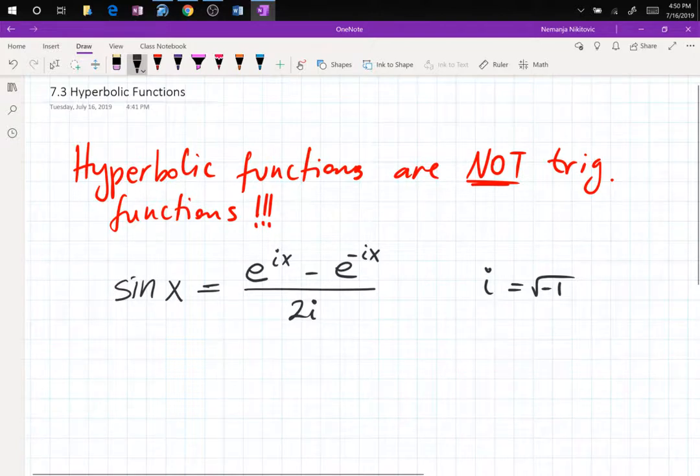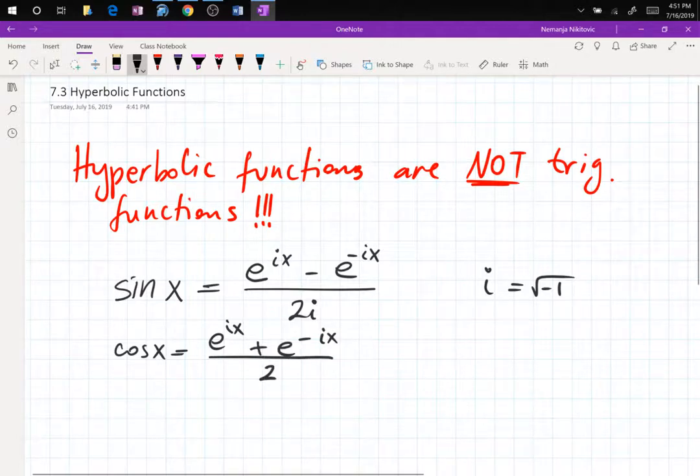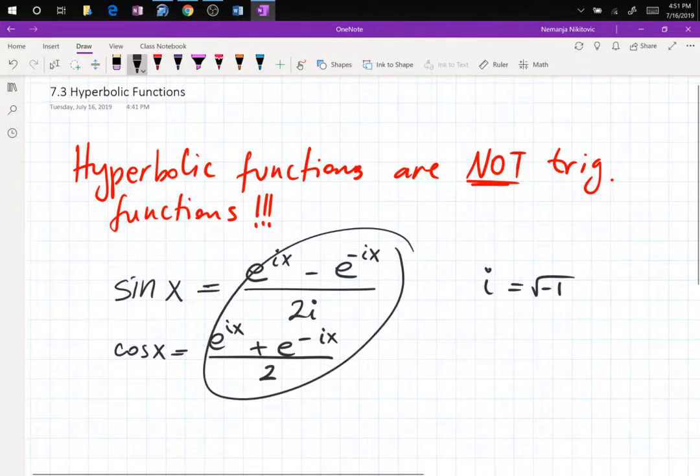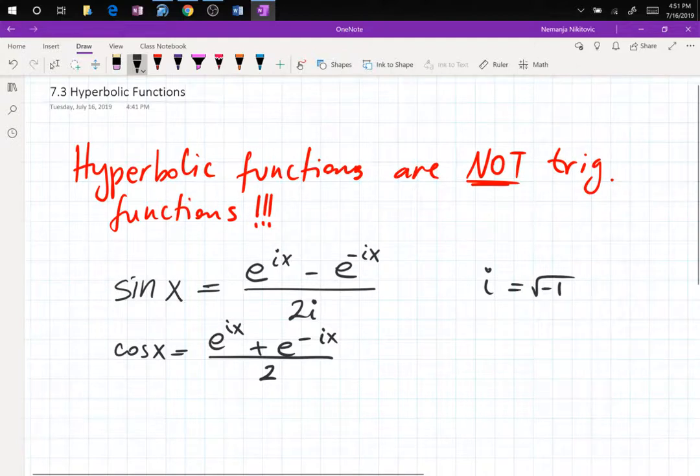He also figured out that cosine x is e to the ix plus e to the -ix, divided by 2, no i for cosine. And all of the identities that you can do with sine and cosine would work if you use these. Now, obviously, algebra is much messier. You have to do a lot more computation, but the results would be the same.